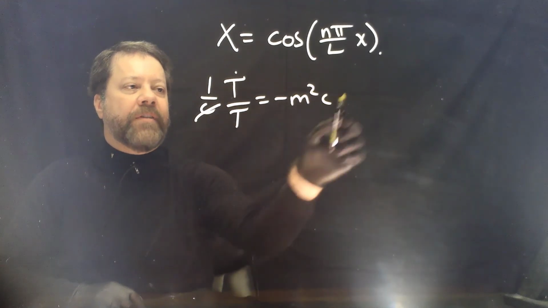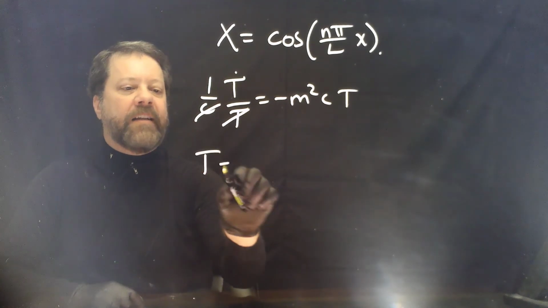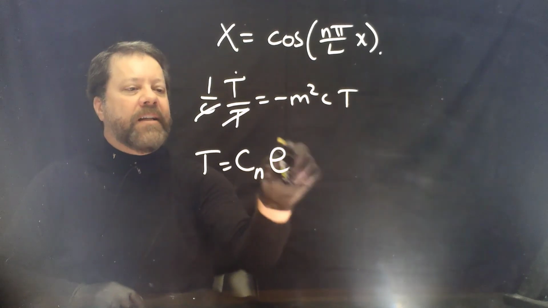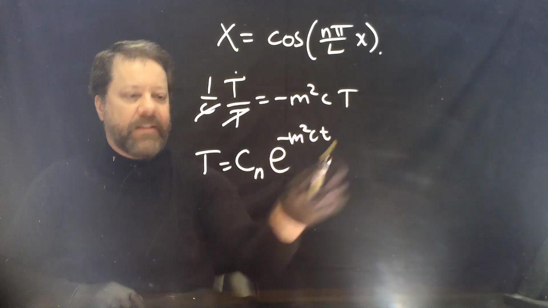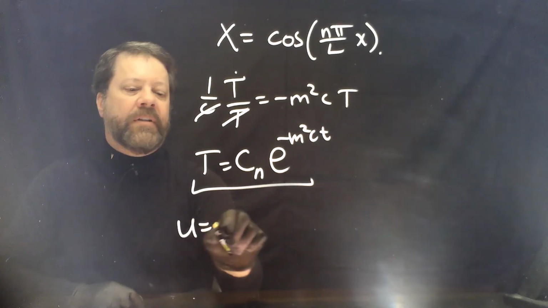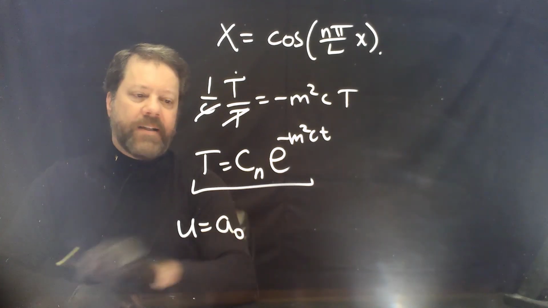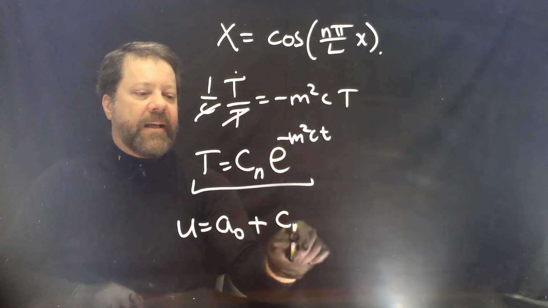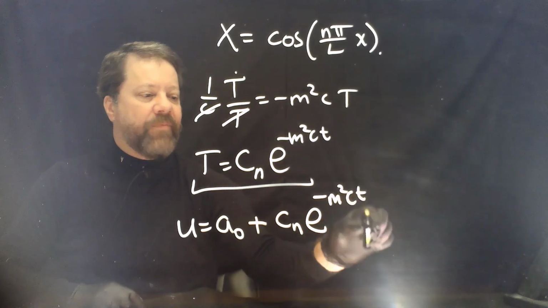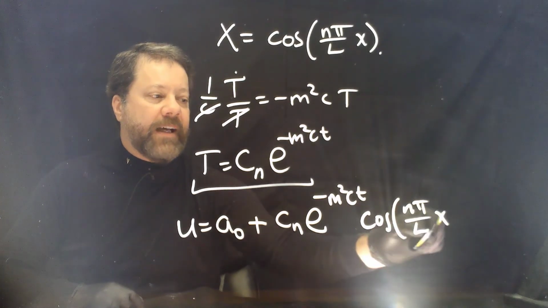We'll move the c over and the t over, and we'll see immediately that we get a constant, which we'll put a subscript on, e to the minus m squared c t. That then gives us u is some a naught, a constant, plus cn e to the minus m squared ct times the cosine of n pi over Lx.